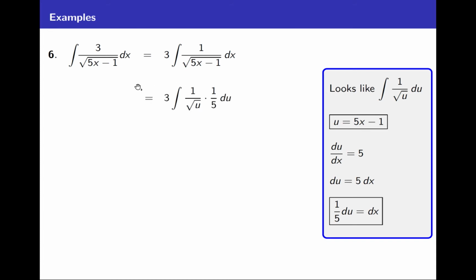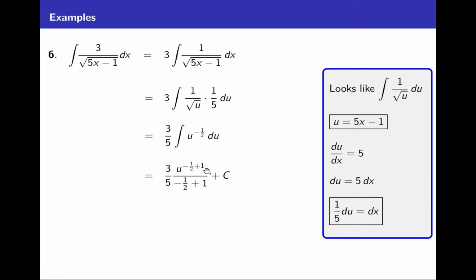Now let's make those substitutions. We bring down the 3. We get 1 over the square root of u. And this dx converts to a 1/5 du. Now the 1/5 we can factor out of the integral. So we get 3/5 integral of, this is u to the power of negative 1/2 du. So there is an integral we can use the power rule for.